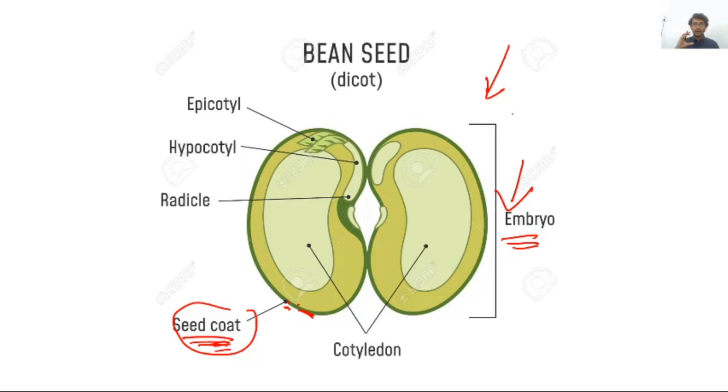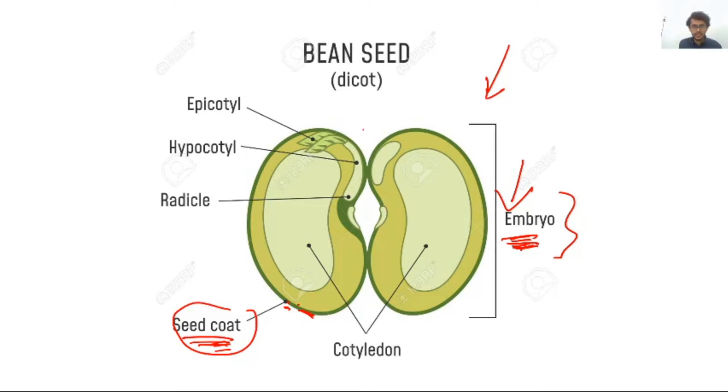And when the seed grows, it grows in its first step, like a baby plant. The baby plant is called the embryo. That very small tiny growth of a seed is called the embryo.